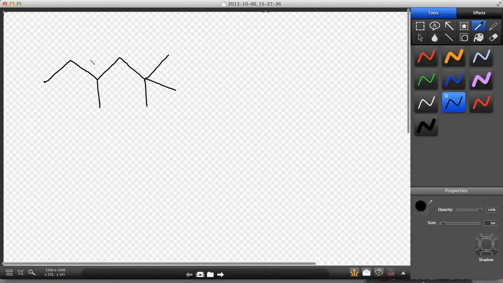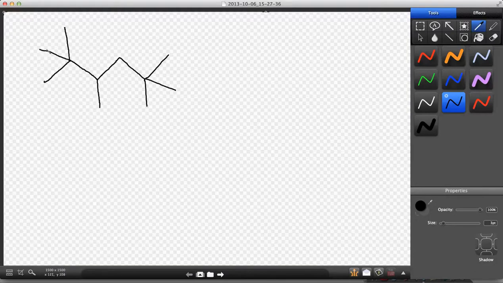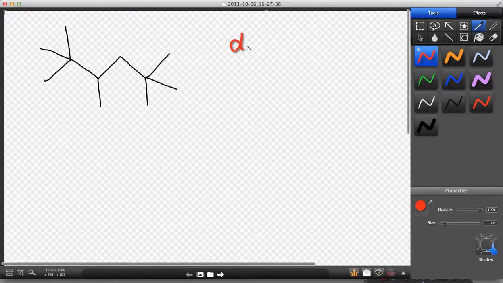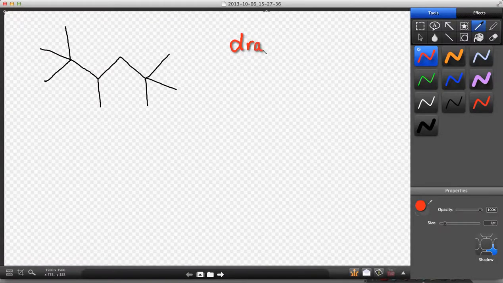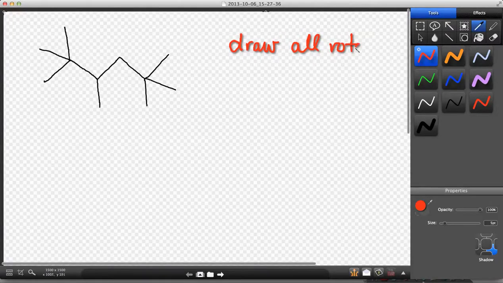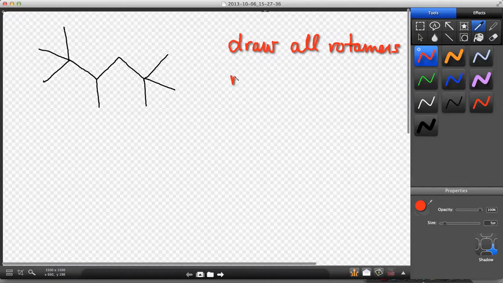Not going to show any stereochemistry. There's the molecule. You need to draw all rotamers in the Newman projection. You need to rank their energies.